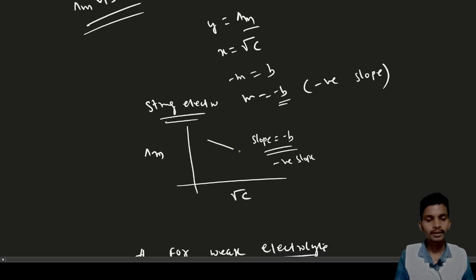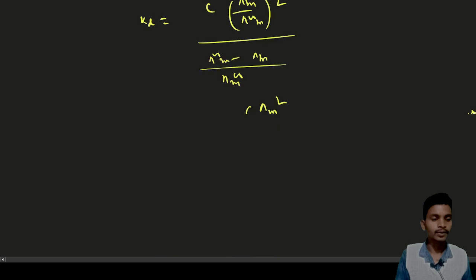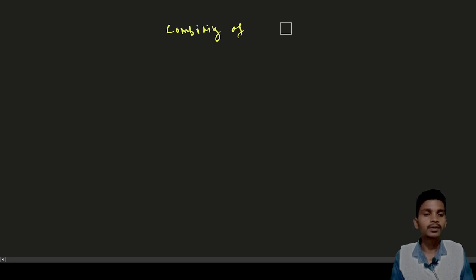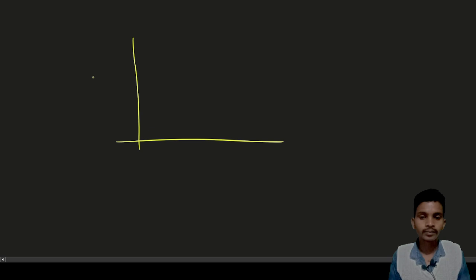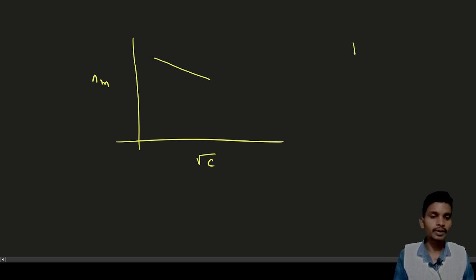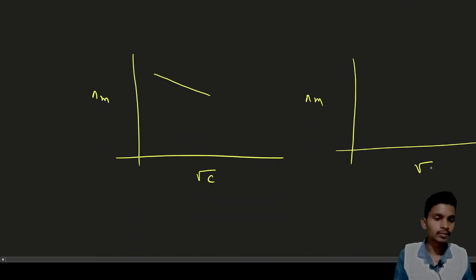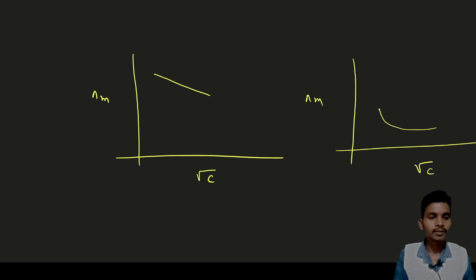And for strong electrolytes this graph will come, and if you combine the strong electrolyte and weak electrolytes, for strong electrolytes the graph comes something like this, and for weak electrolytes it looks like this.